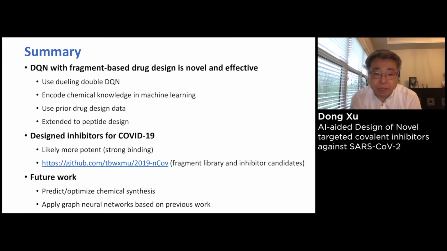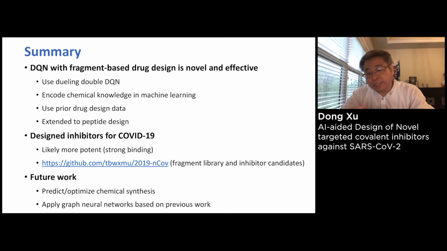And then we designed all these small inhibitors for COVID-19. We believe these inhibitors are more potent than any other drugs we know. That means they have a very strong binding demonstrated by this free energy, and we believe it can also be demonstrated by IC50.